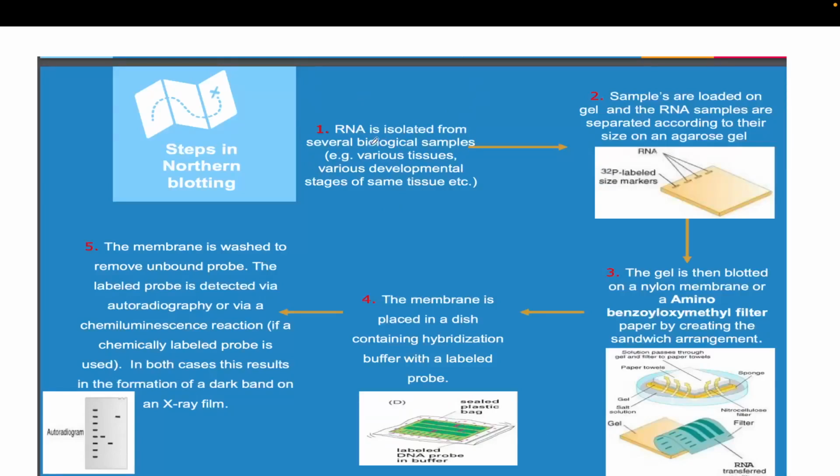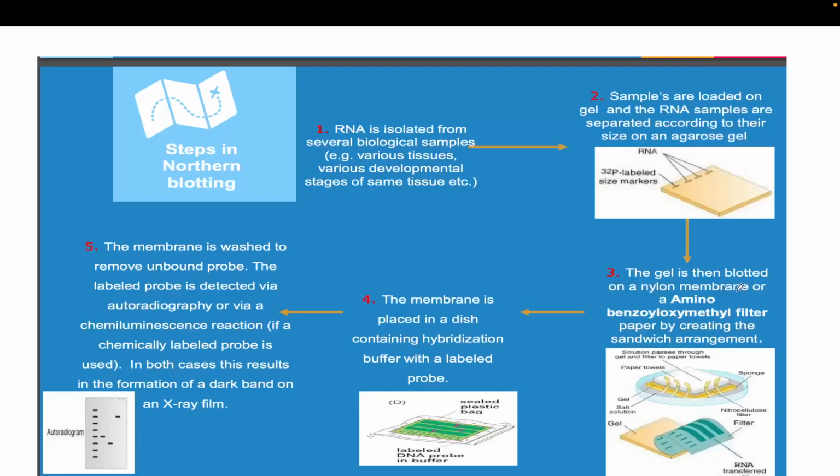Here the RNA is isolated from several biological samples. After isolating it, samples are loaded onto the gel and separated according to their size on the agarose gel. Then you transfer the gel to the blot, like in Southern blotting.